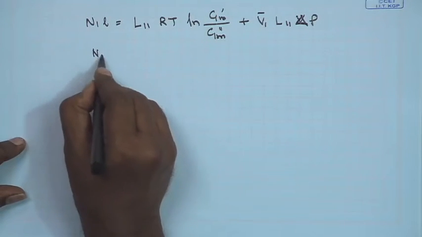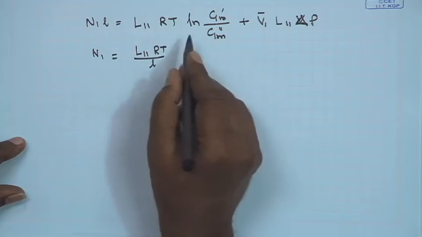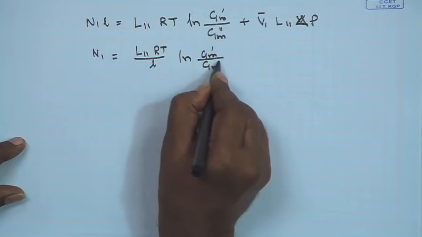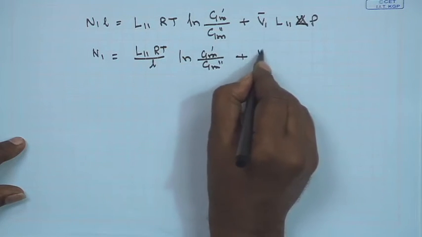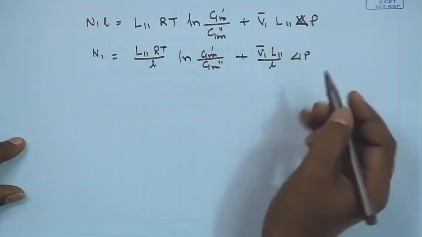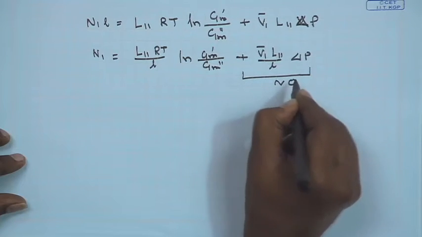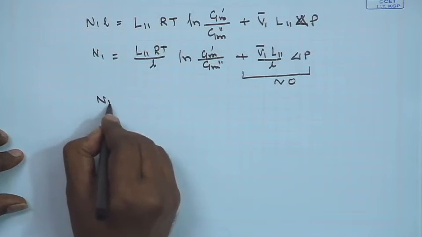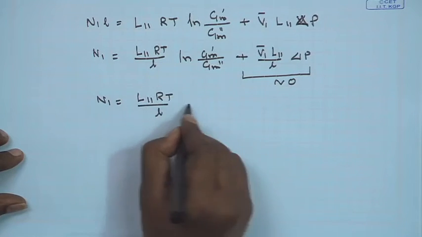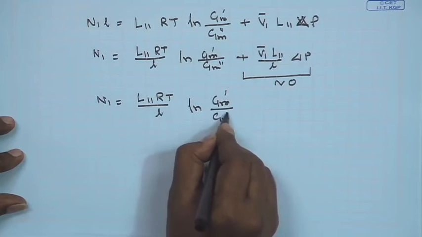So, N1 will be nothing but L11 RT over L ln C1m prime divided by C1m double prime plus V1 bar L11 divided by L delta P. In most cases, the second term is negligibly small, and you get the expression of solute flux as L11 RT over L ln C1m prime divided by C1m double prime.